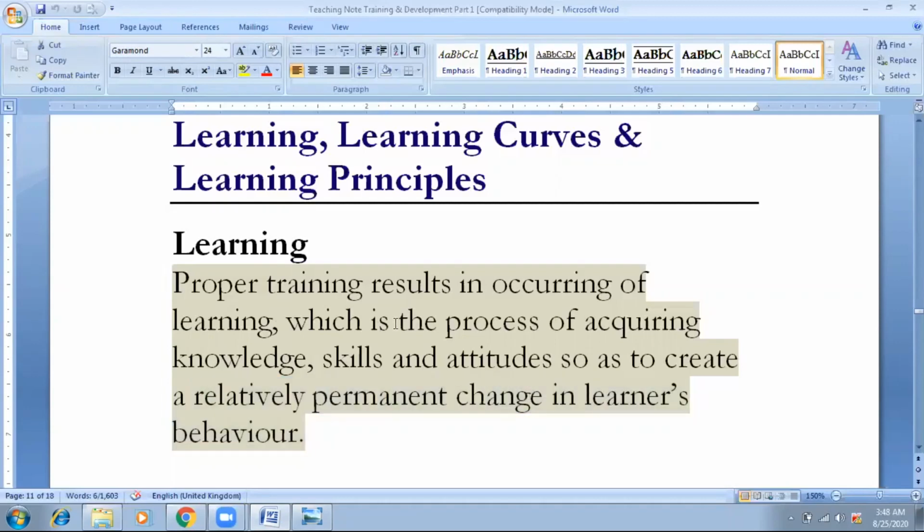A relatively permanent change in learners' behavior.